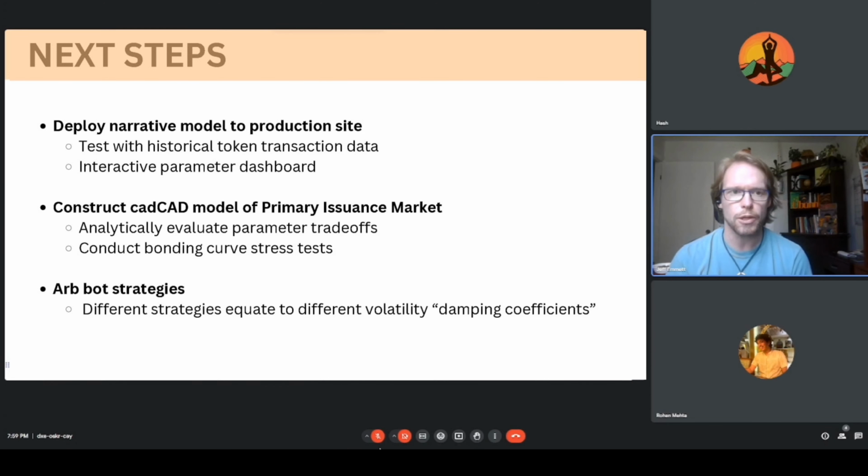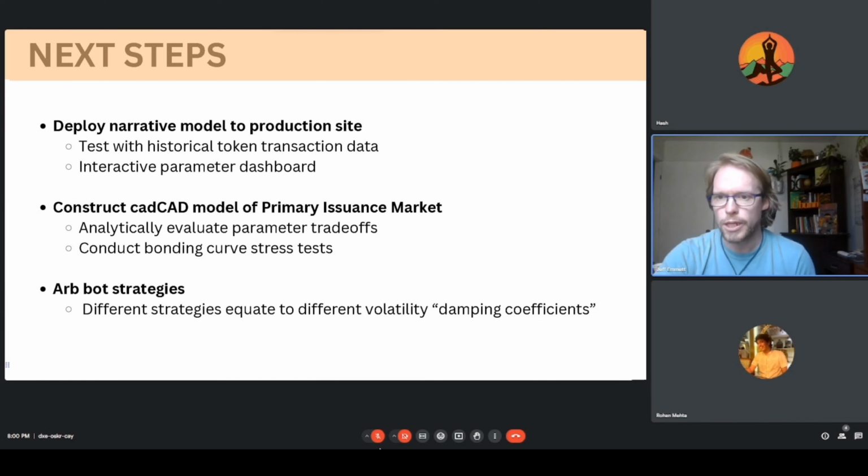So we have a number of next steps on these models, particularly on the narrative model front. We want to start plugging in historical data of different ecosystems and understanding how they operate, and also creating an open interactive dashboard that people can play with these parameters to understand how these systems work.